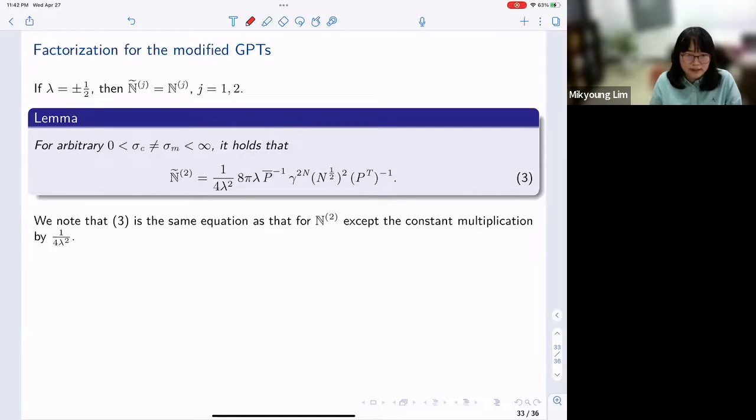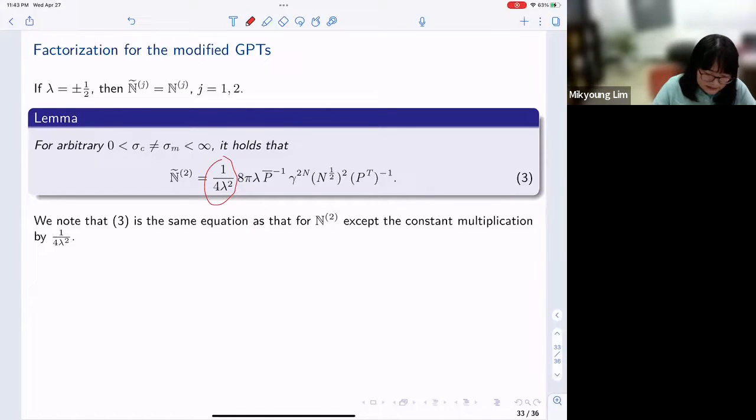By defining this tilde N1 and tilde N2, the tilde N2 has the same equation as the original GPT, except that now we have this constant multiplied, and that part equals 1 when lambda is plus or minus 1/2. So equation 3 is a nice generalization of the factorization of the GPT from the extreme case to the general case.